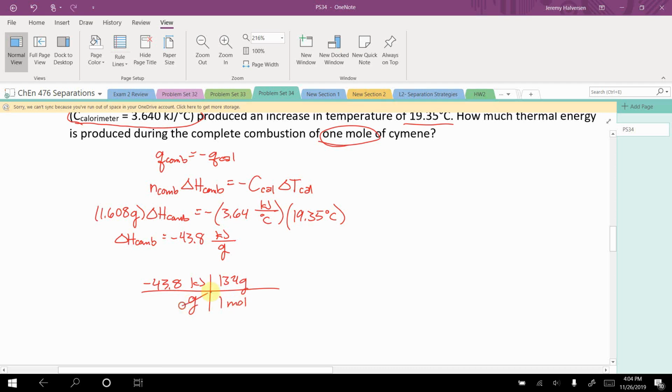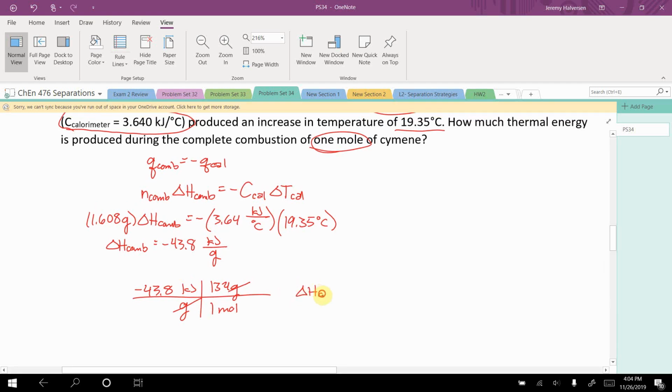So if you see now, what are my units? Kilojoules per mole. So when I plug that into my calculator, let's see if I got it right. Yep. Okay. Delta H of combustion is now negative 5869.2. My units are kilojoules per mole.